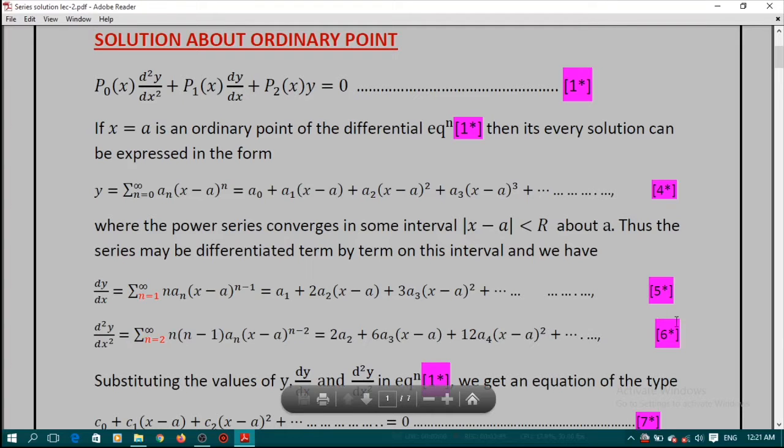This is equation number 6. Here you can observe this change: when we differentiate the first time, the summation range is 1 to infinity, and when we differentiate one more time, the summation range is 2 to infinity.